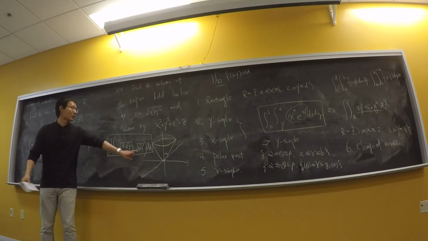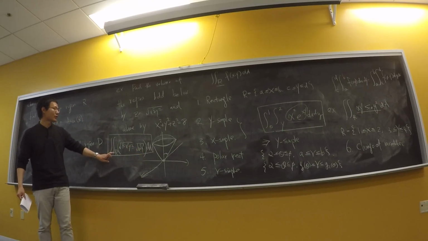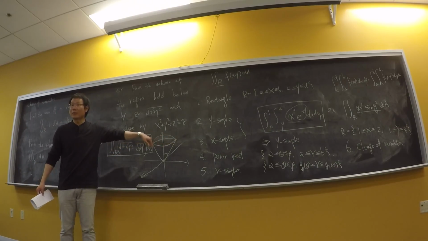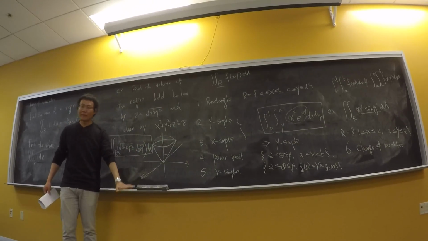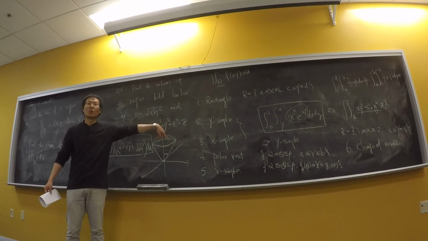And then I see x squared, I see y squared, I want to use polar. I'll use polar, which means you have to identify this disk in the polar region. What we did before is to find the intersection between these two surfaces, right? You can squeeze it back to the xy plane, but eventually you have to find the intersection between these two in order to find the radius.